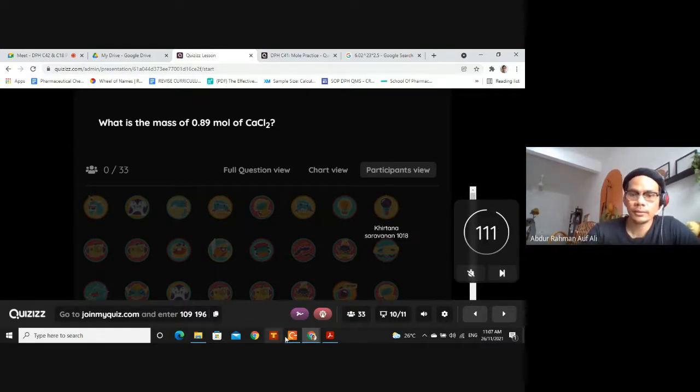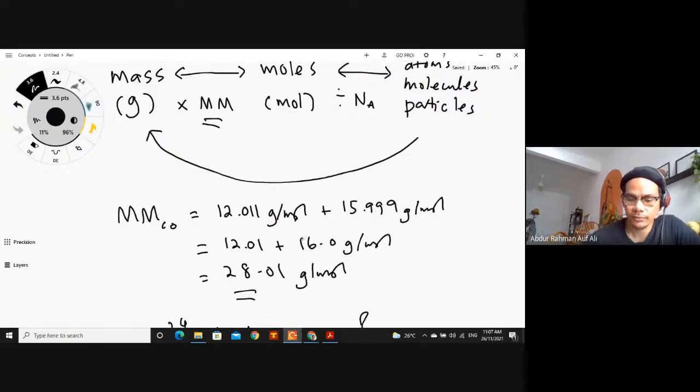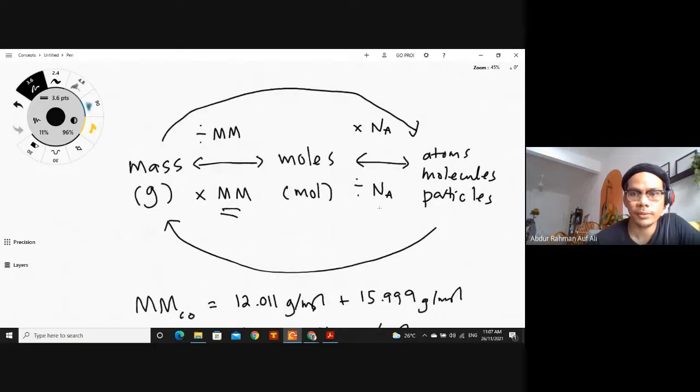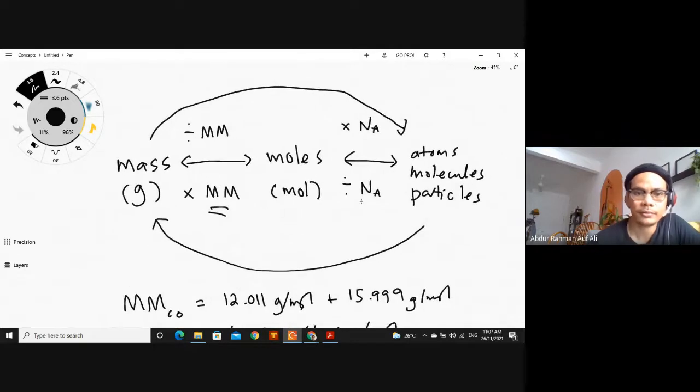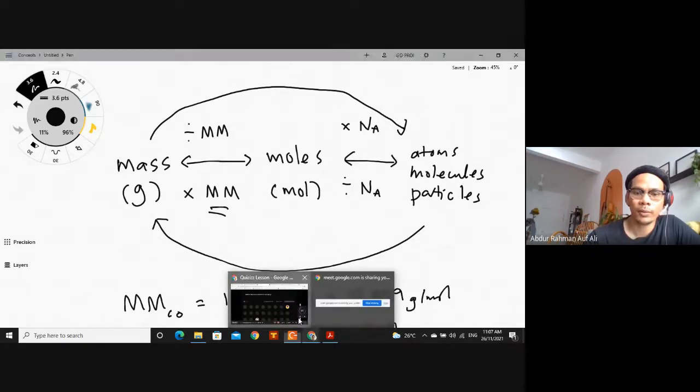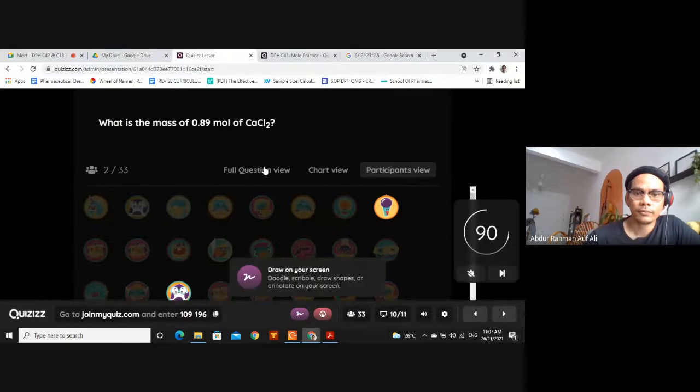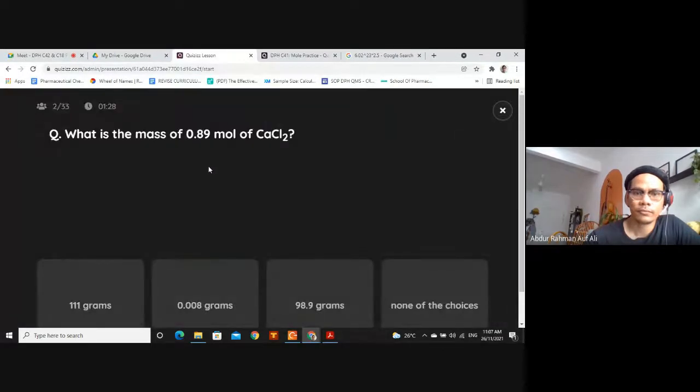So refer back to this diagram. You have the number of moles, how do you find the mass? If you have moles, how do you calculate the mass, and what do you need? Once you know the relationship, you need to find out what data, what values you need. You have the number of moles here.